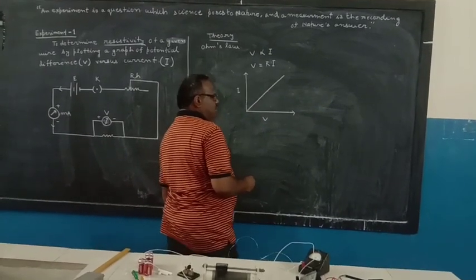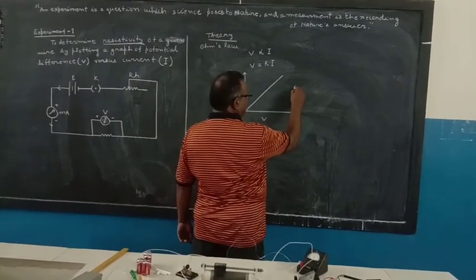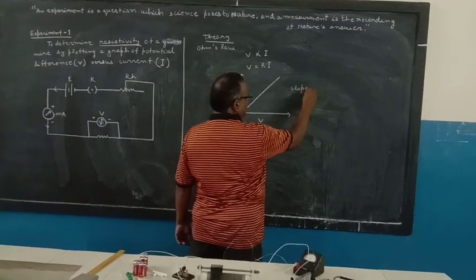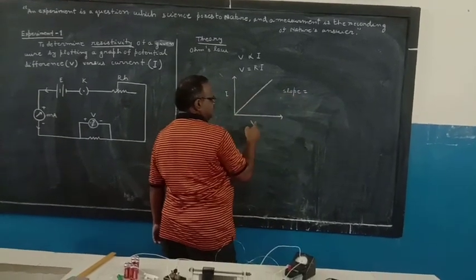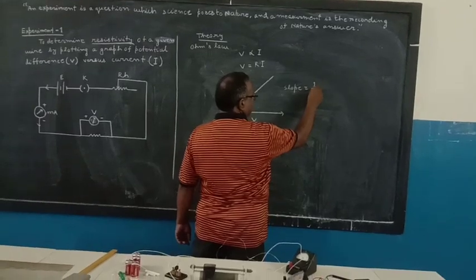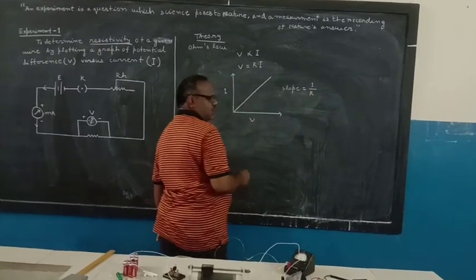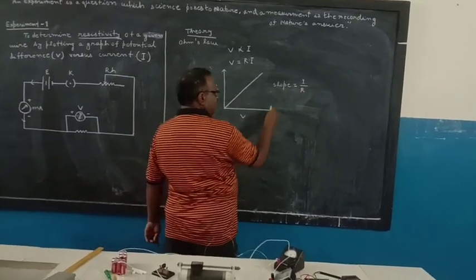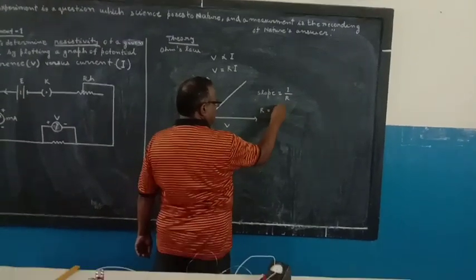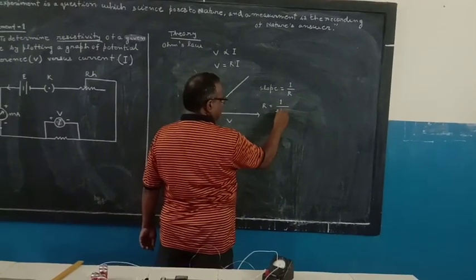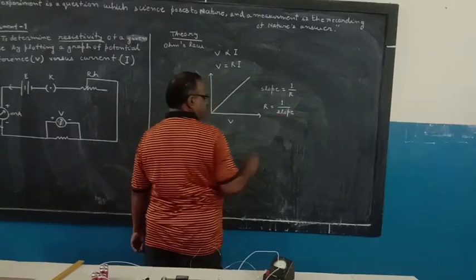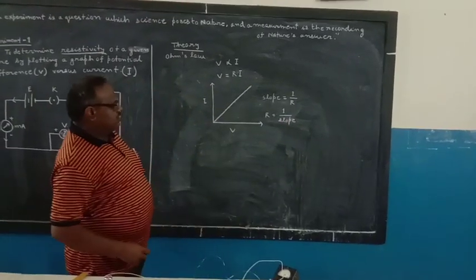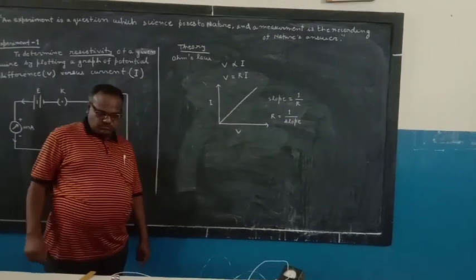After plotting the graph, if you take the slope, it is 1 by R. So your resistance R is the inverse of this slope.